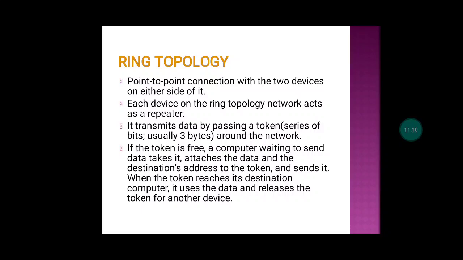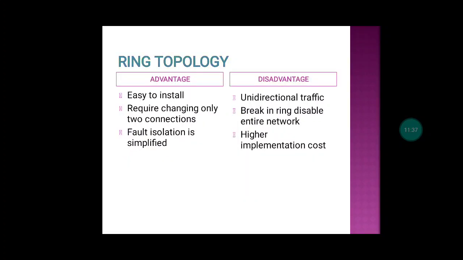Each station in between that passes the message ahead is informed by that token itself that the message is for that particular receiver, and when the message is ultimately received by the receiver, the token is then released by the receiver, and then that token can be used by some other station for again transmitting a message. Such a mechanism is used in ring topology.